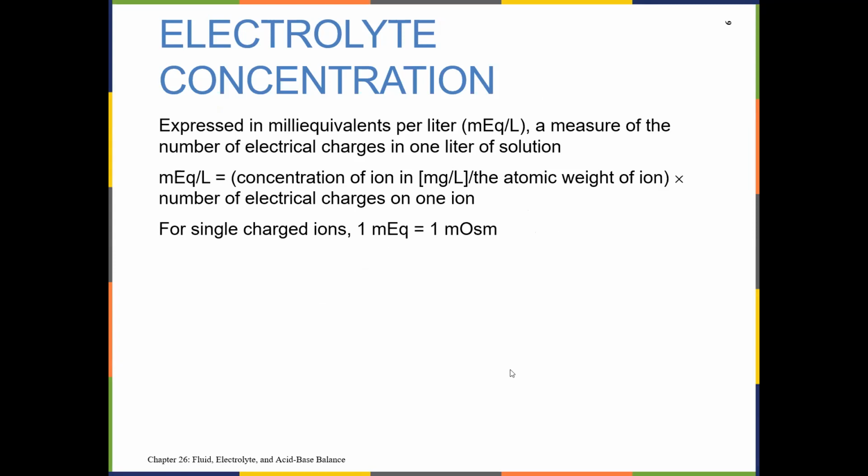If you really want to get technical, a milliequivalent per liter is the concentration of the ion in milligrams per liter over the atomic weight of the ion, multiplied by the number of electrical charges on one ion. For our convenience, we convert 1 milliequivalent into a term which makes more sense for us, one which we use more universally: 1 milliosmol. 1 milliequivalent equals 1 milliosmol.